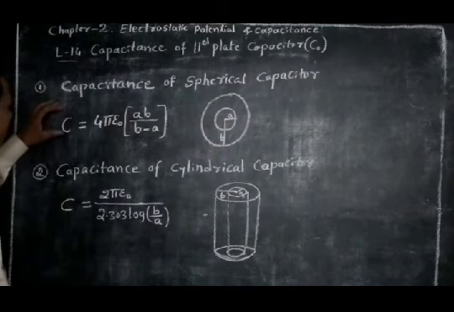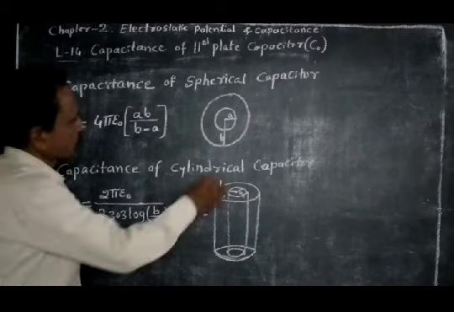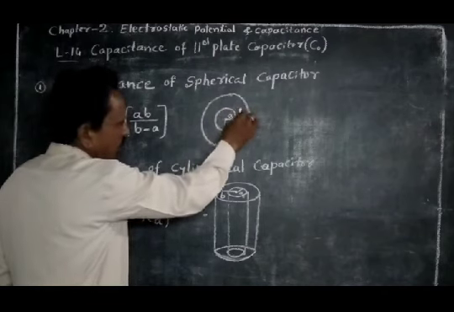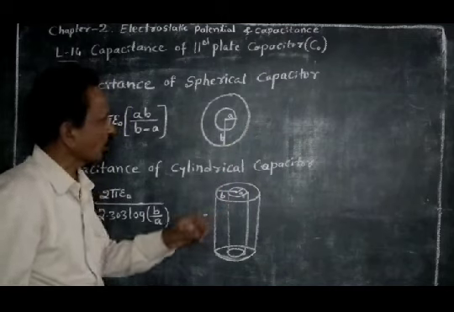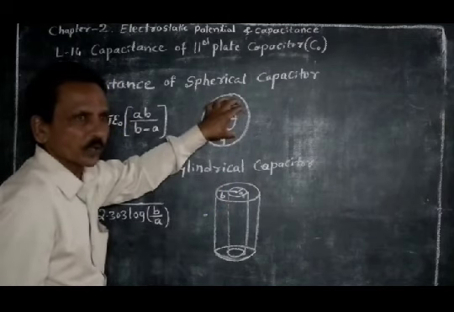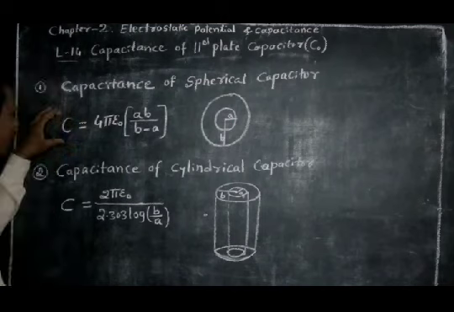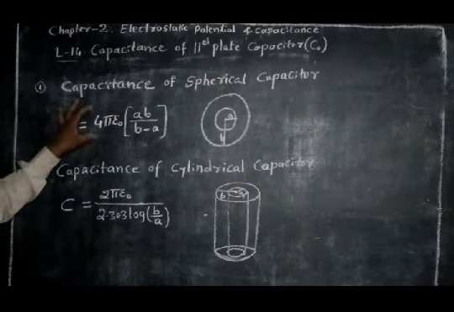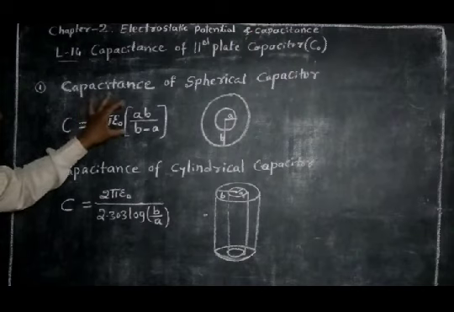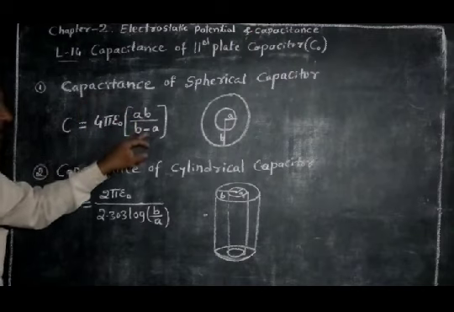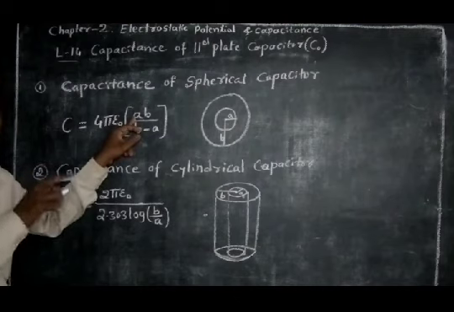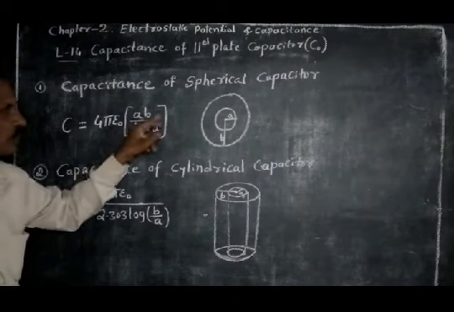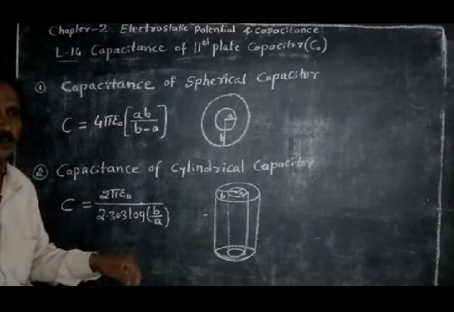If the space between the 2 conductors is filled with air or it is vacuum, then capacitance of spherical capacitor is given by C equals 4 pi epsilon naught into AB upon B minus A, where A is outer radius of inner sphere and B is inner radius of outer sphere.